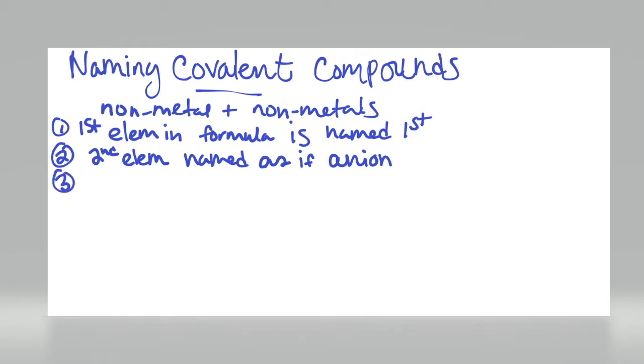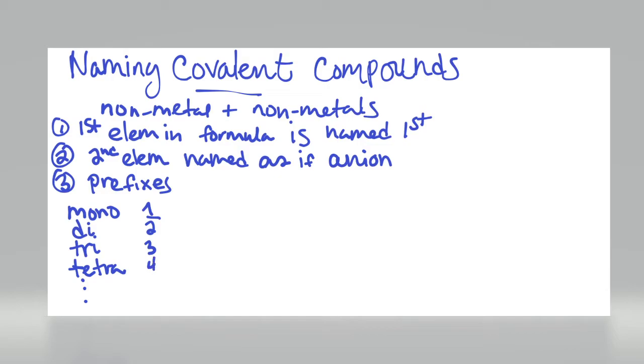And finally, the third rule is you want to invoke prefixes. And to remind you what those prefixes are, we have mono, di, tri, tetra, and so on. And this means 1, 2, 3, 4, and so on.